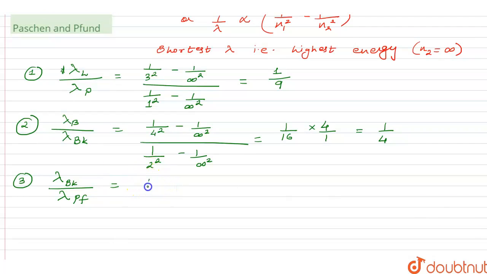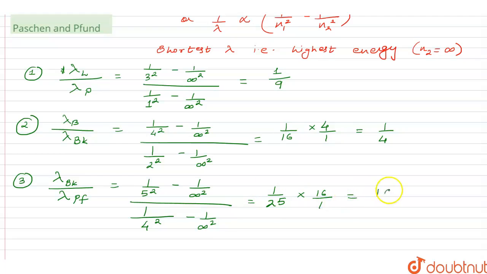So Brackett upon Pfund would be 1 upon 5 square minus 1 upon infinity square divided by 1 upon 4 square minus 1 upon infinity square. So that is going to make it 1 upon 25 into 16 upon 1, that is 16 upon 25.